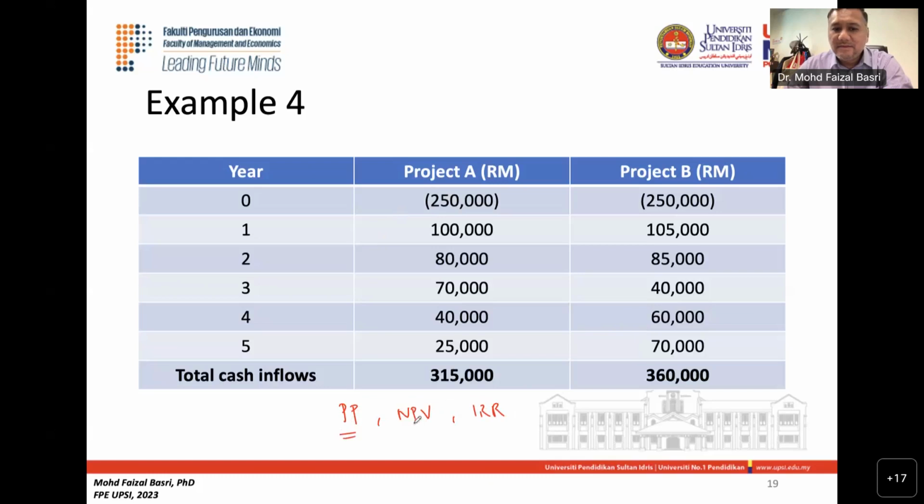For PP, we can calculate manually using our normal calculators. However, for NPV and IRR, especially IRR, it's easier if you use financial calculators. For NPV, I can still teach you how to calculate using manual calculations, but it will be a bit tedious. Anyway, I'm going to use this example throughout all three measurements.